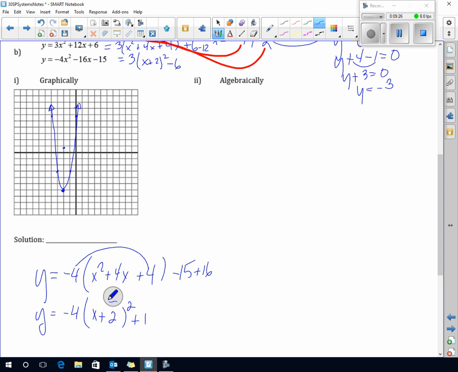Hey, look at that. Oh, we don't have to do any more. We have our point of intersection, don't we? So what is my solution? We've got -1, -3, and -3, -3.